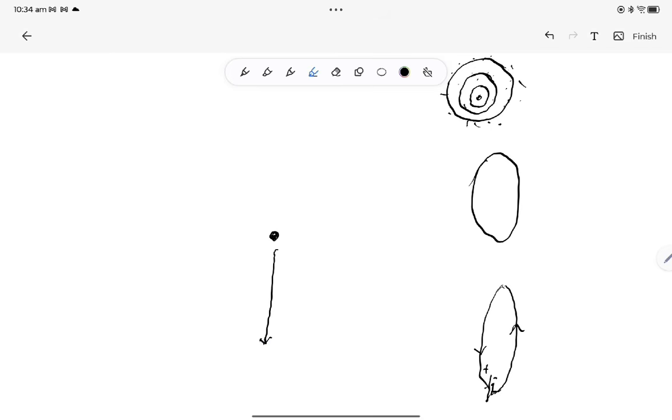It does not need your push. You just release it, it will drop because of gravity. But once it is down, it will not go back of its own. You need to lift it. So you need to do work. You are taking it from lower potential to higher potential.